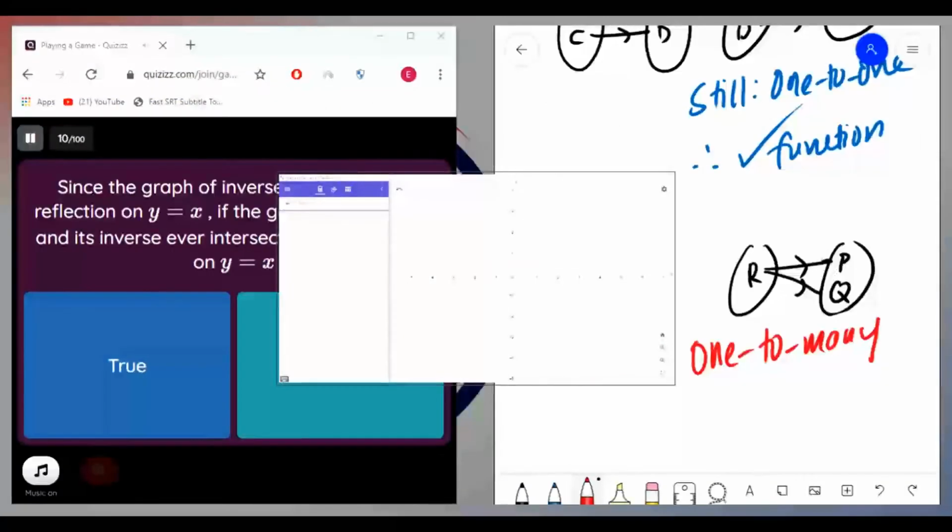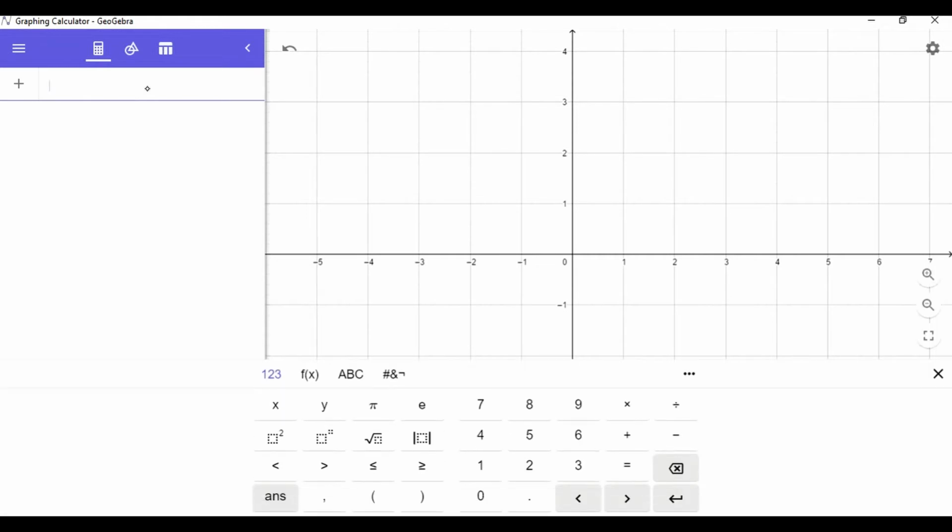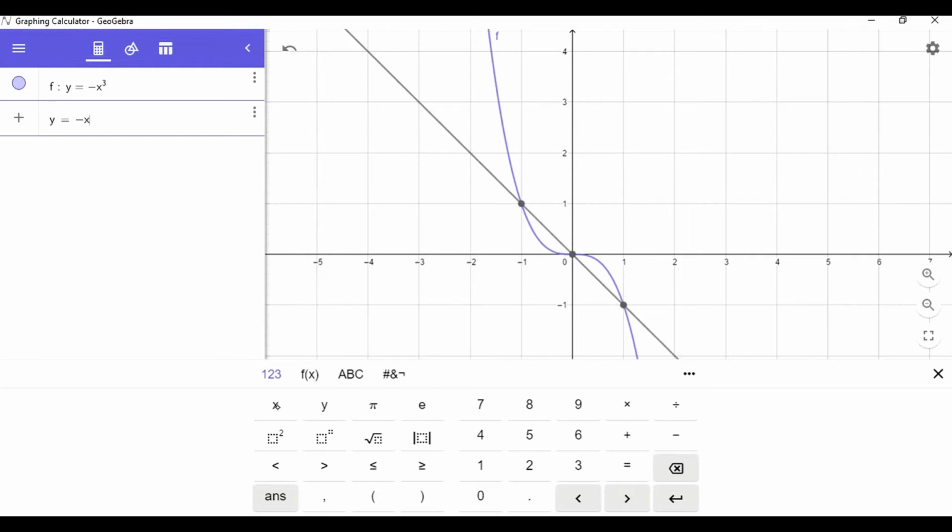This is actually true for a lot of functions, until I try y equals negative x cubed and its inverse y equals negative of cube root of x, which equals negative x to the 1/3.